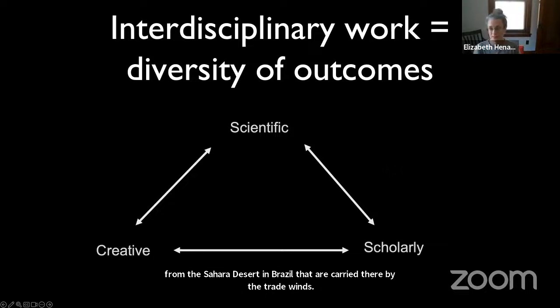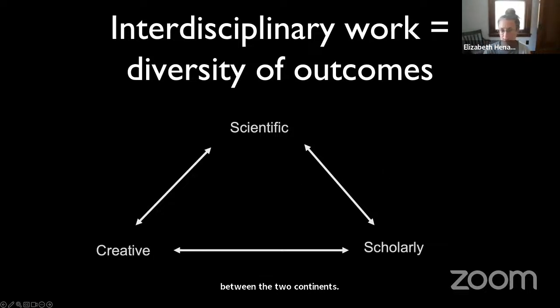And finally, my second call to action is that a lot of the work that I've described here and that I think is important to do in the context of design and biology is interdisciplinary. And what that means is that interdisciplinary work leads to diversity of outcomes. So maybe the work that you're going to be doing can be published in a paper, but also maybe it's meaningful to make an art exhibit, or maybe it's meaningful to write from a philosophical standpoint about this work.